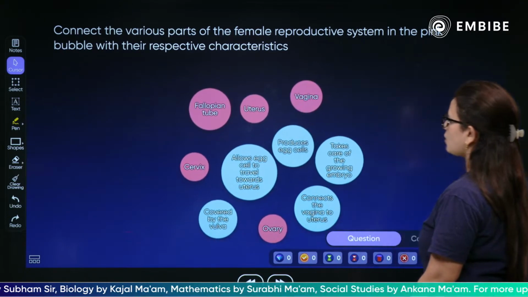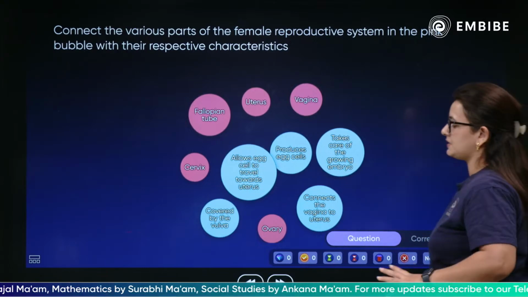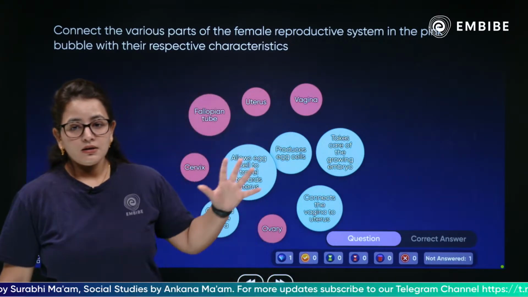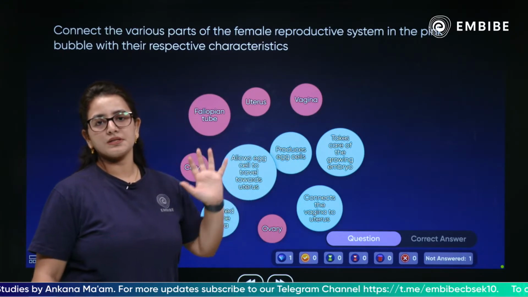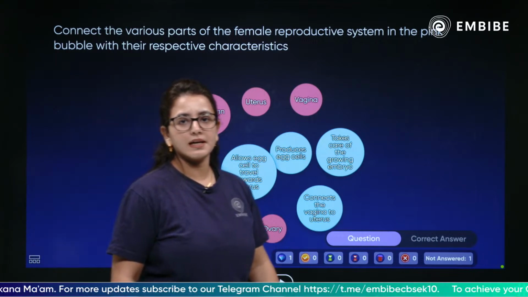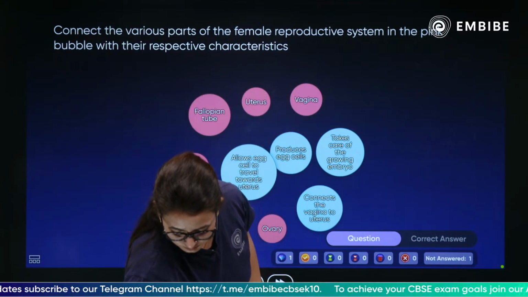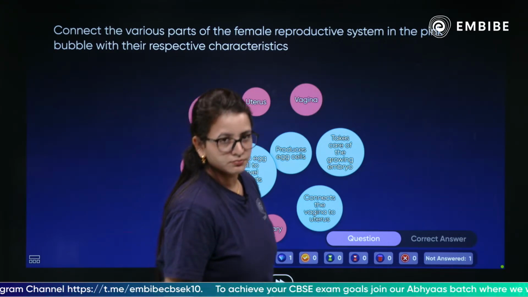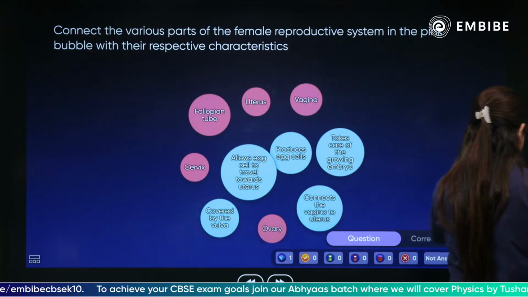Next, let's talk about the functions of the respective parts of the female reproductive system. Come on quickly. Just connect the bubbles with their respective functions in the female reproductive system. Quickly connect them with their particular functions.